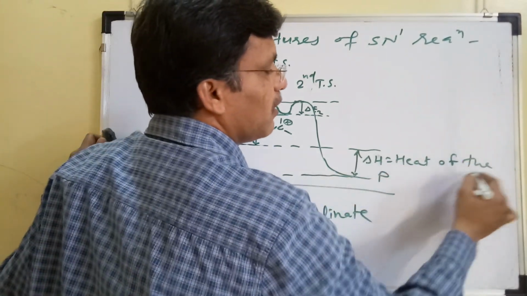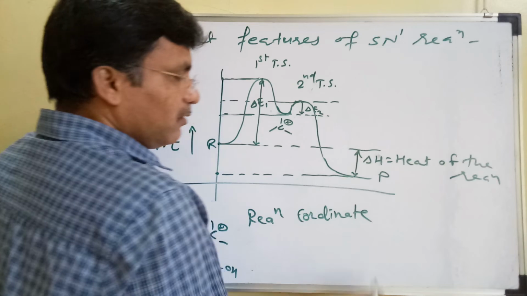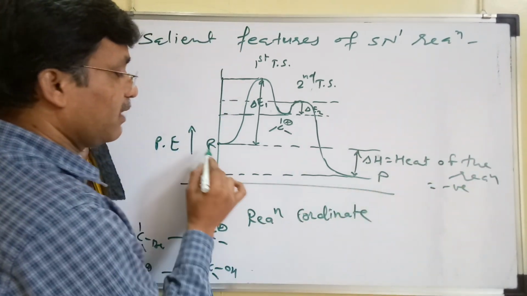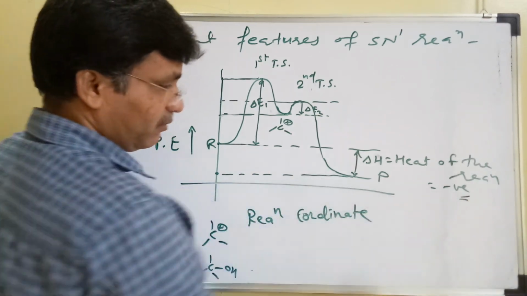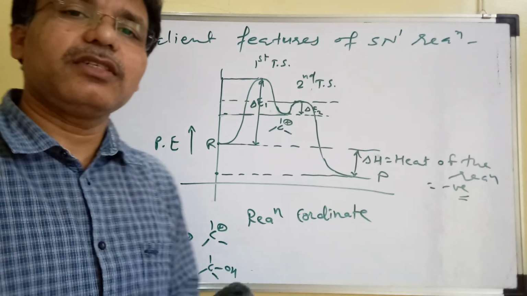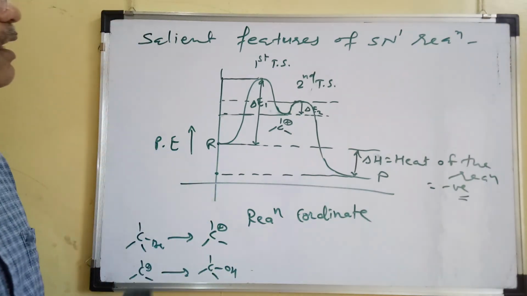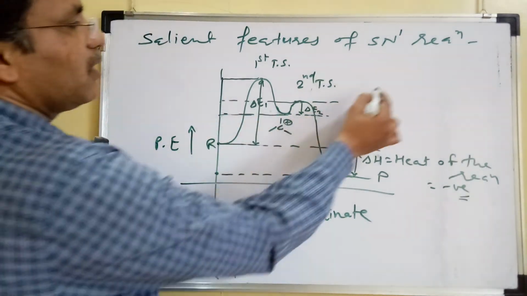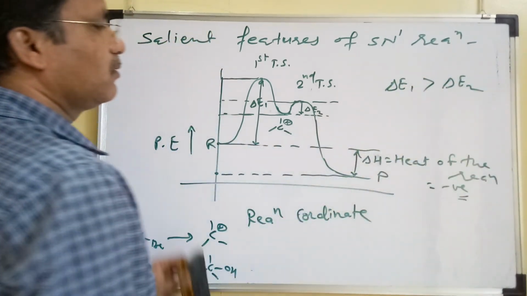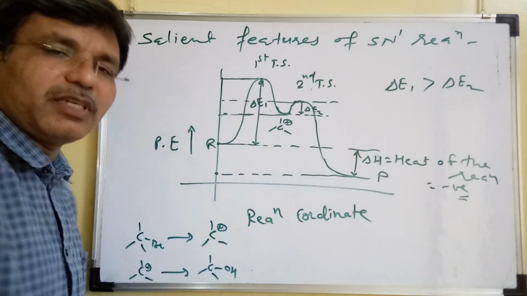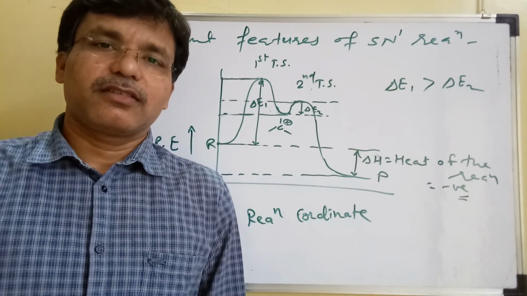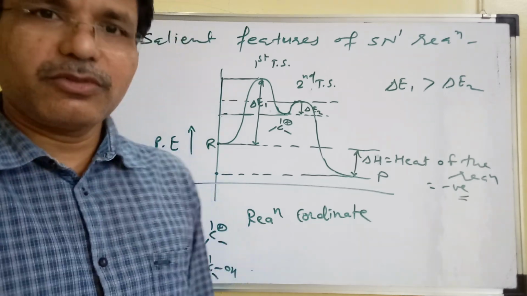This heat of reaction is negative because the potential energy of the product minus that of the reactant is a negative quantity. So this is the explanation about the SN1 reaction. In this reaction delta E1 is greater than delta E2; this one is smaller and this is the bigger quantity.